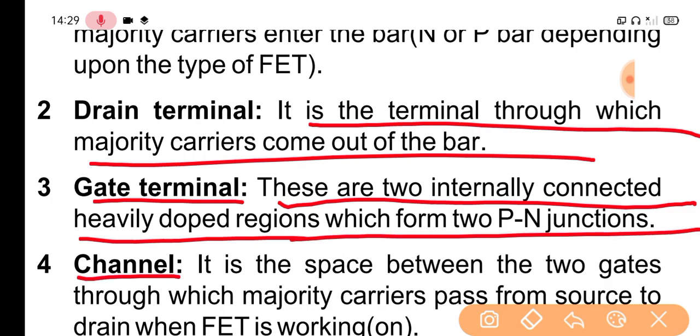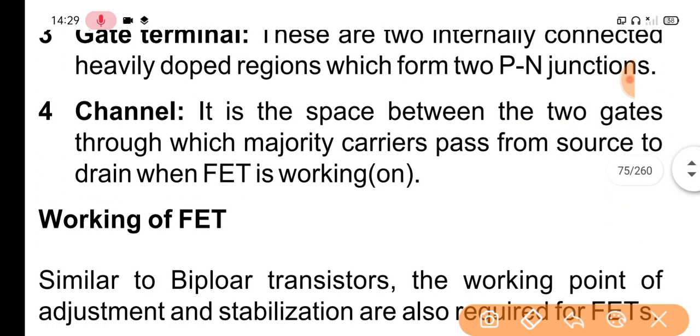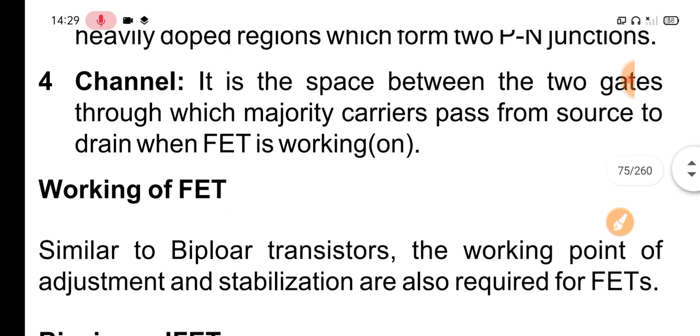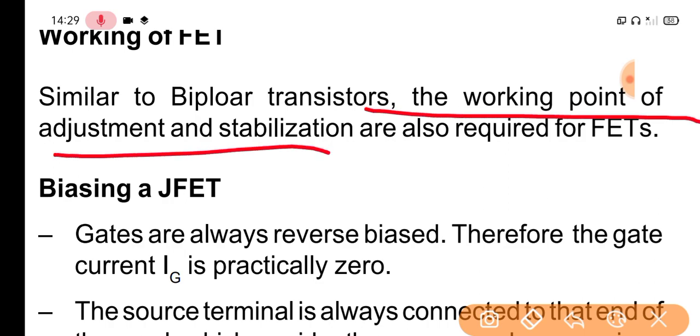Channel: it is the space between the two gates through which majority carriers pass from source to drain when the FET is working. Similar to a bipolar transistor, the working point adjustment and stabilizing are also required for FET.